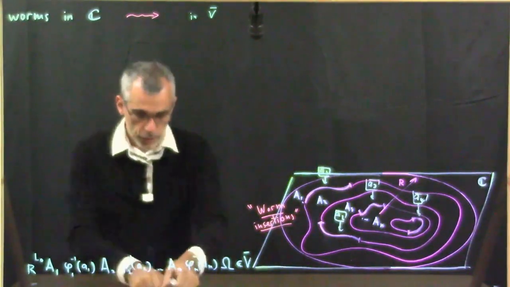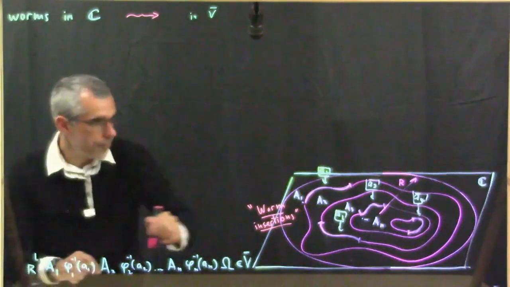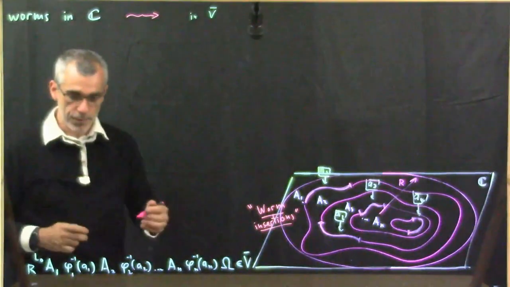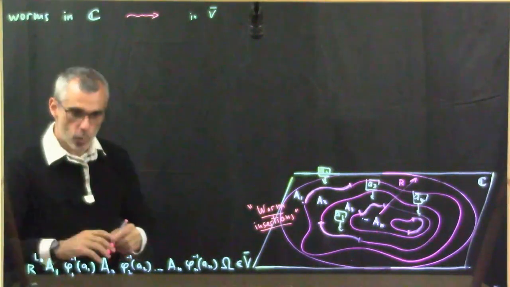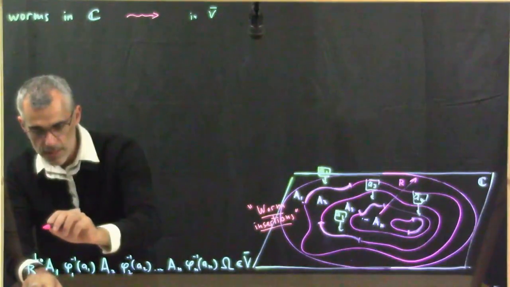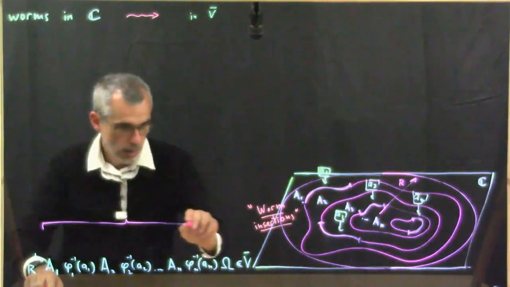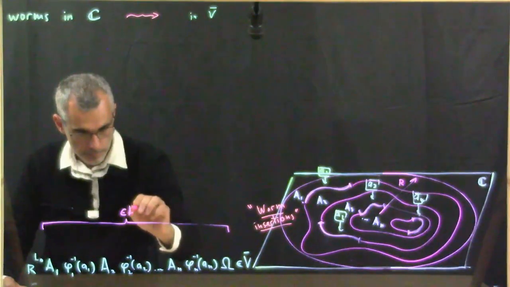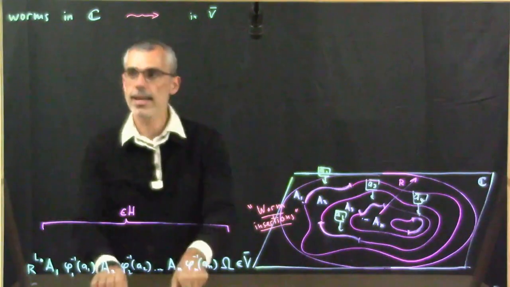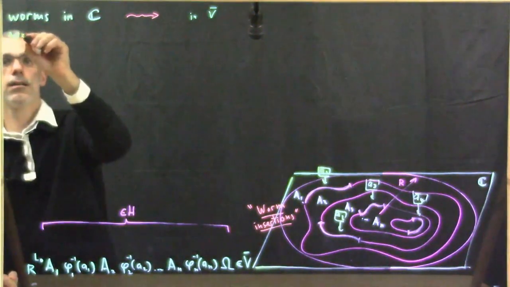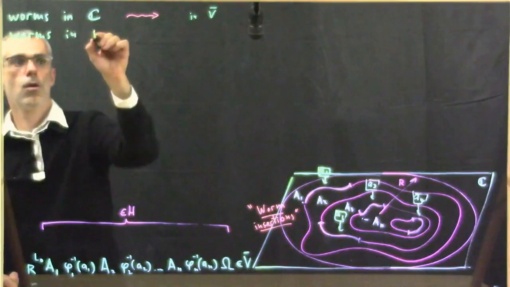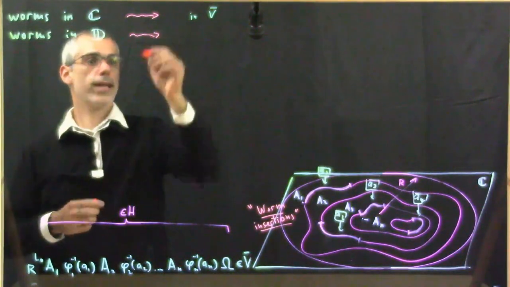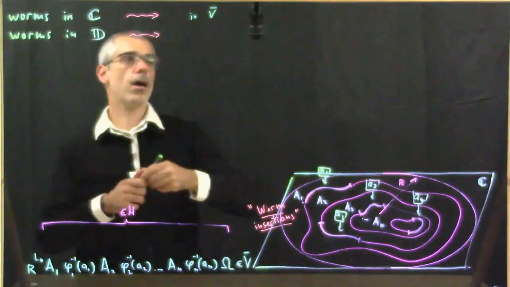Then you may take this number r, the radius of this outer circle, to be equal to 1, in which case this thing goes away, and note that this expression from here until there is in fact an element of H. And so what we learn is that if we take worms in the unit disk, then we get something which is not just in V bar, but is in H.